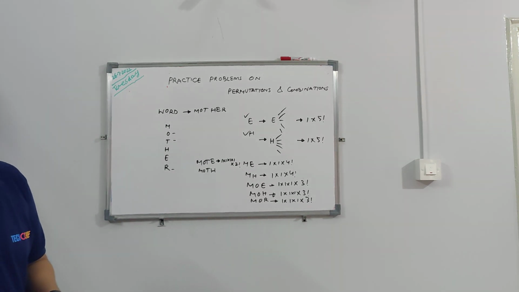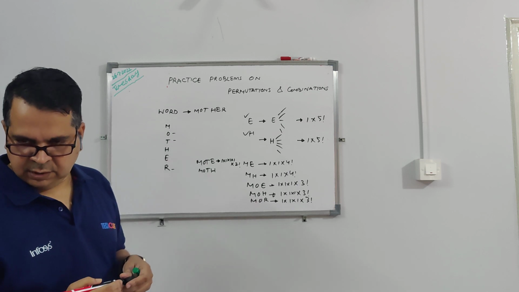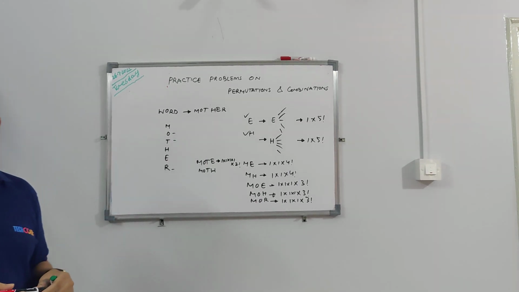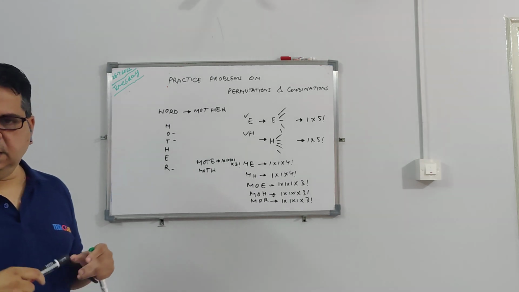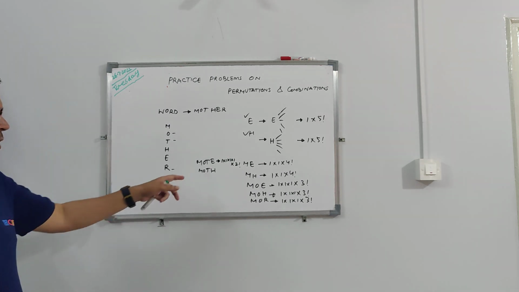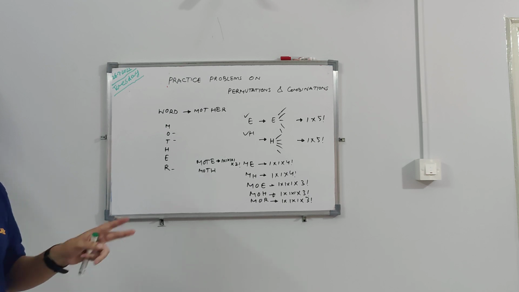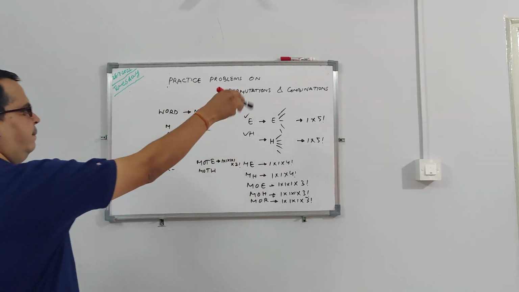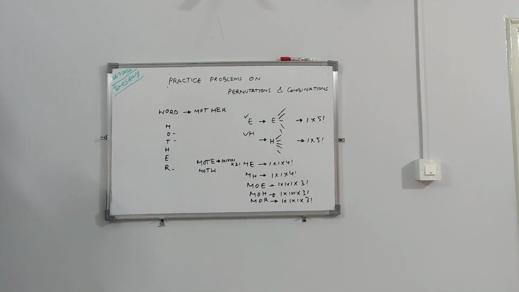Then comes the other word, MOTH. So here comes MOTHER. MOTH, because the other two are ER. Because RE is not the one, ER. So everything that has come before this you will add together.